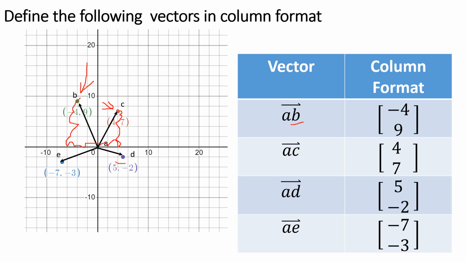So the D part is where the head of my vector is, and that is at 5, 2. So it's 5 on the x-axis, 2, 4, 5, and then 2 down the y-axis, and that's -2. AE, our last one here, is -7, -3. That means I'm going to go -7, 2, 4, 6, 7 on the x-axis, and -3, 2 and 1 is 3 on the y-axis.